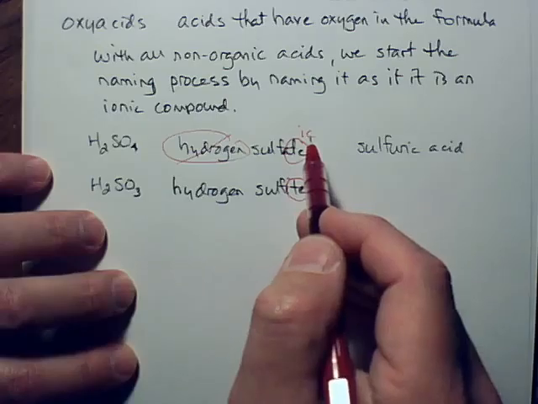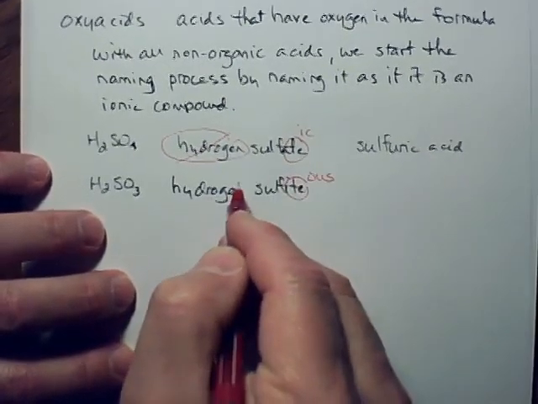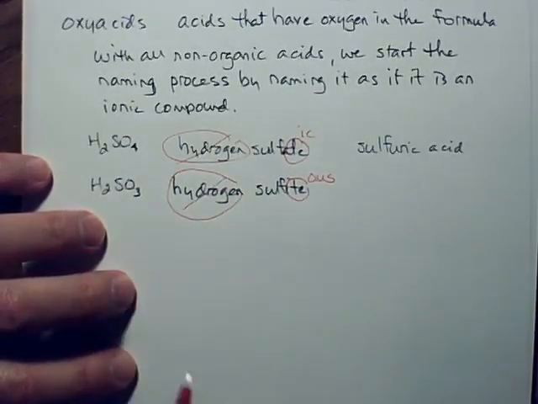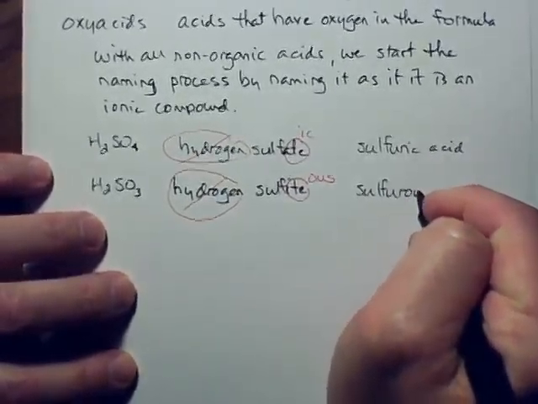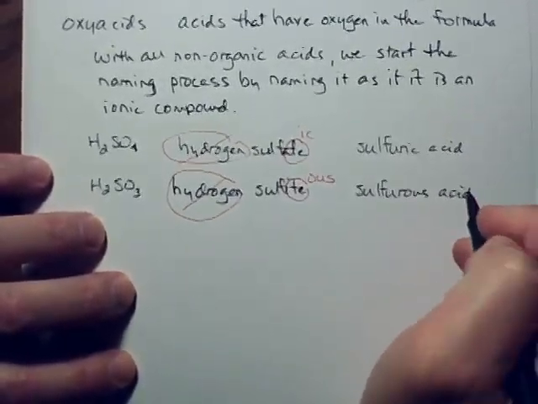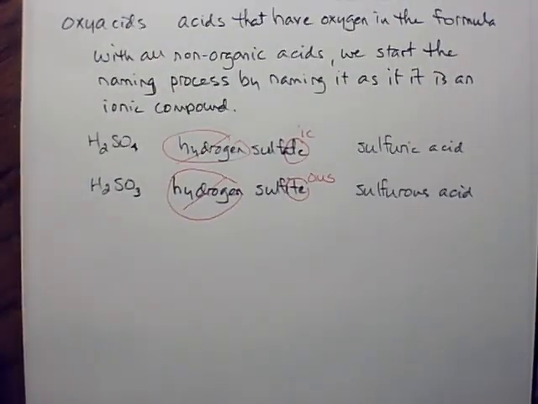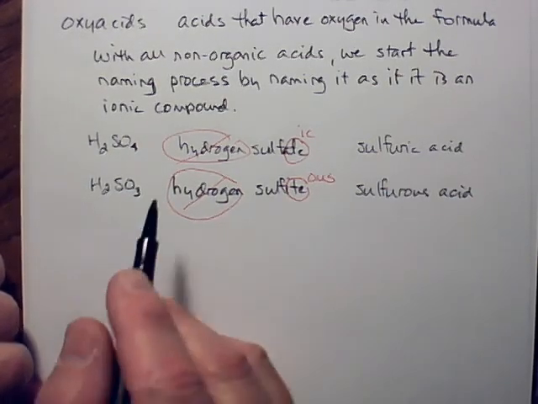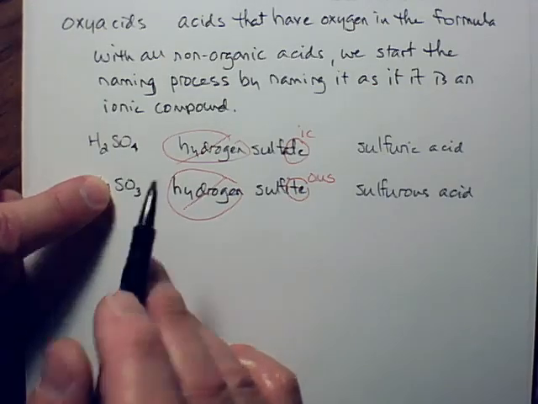ATE endings get changed to IC. ITE endings get changed to OUS. And again, we drop the hydrogen from the front. Sulfurous acid. How do you know to put IC or OUS? Yes, you do know. Sulfates have 4 oxygens. Sulfite has 3.